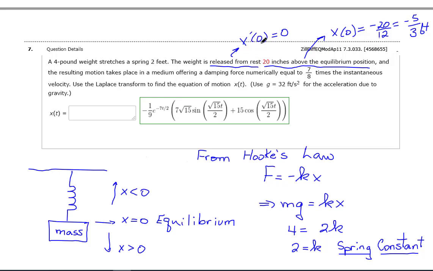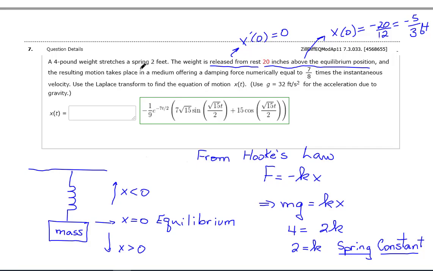That's why x prime of 0 is 0. 20 inches above the equilibrium. Above means it's negative. Everything is in the units of feet, so I need to take my minus 20, and again, minus 20 because it's above, divide that by 12, so I get a minus 5/3 feet. So we have our initial conditions.